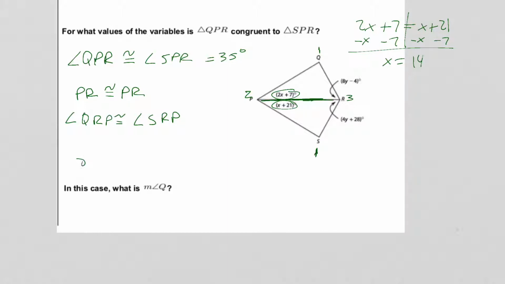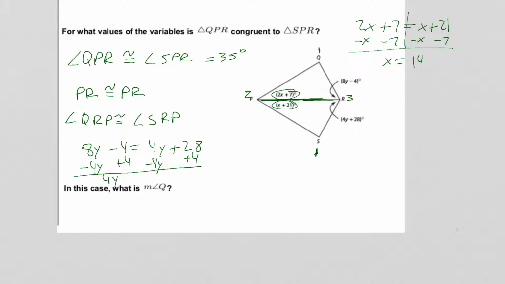So 8y minus 4 would have to be equal to 4y plus 28. So subtract 4y from both sides, and then add 4 to both sides.